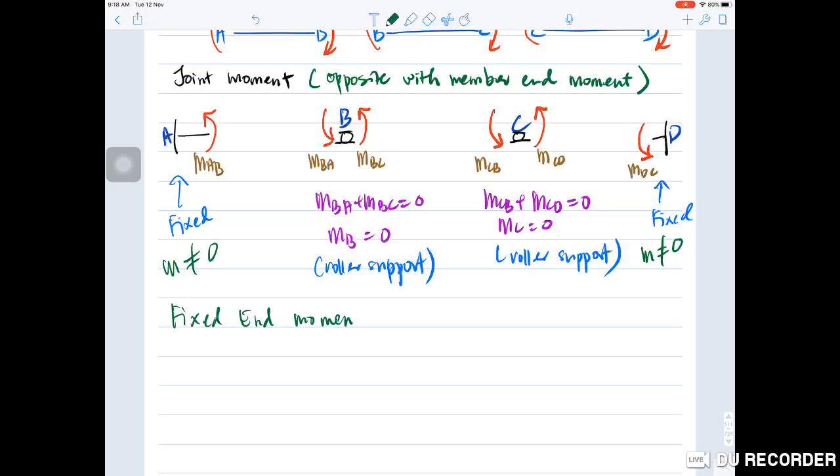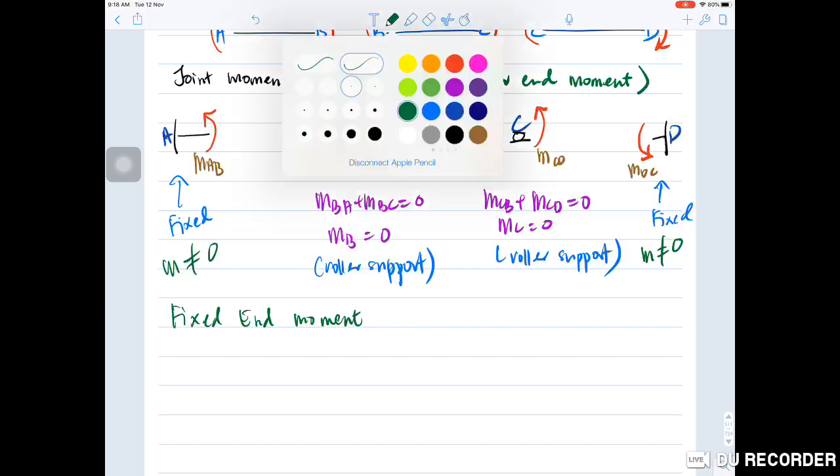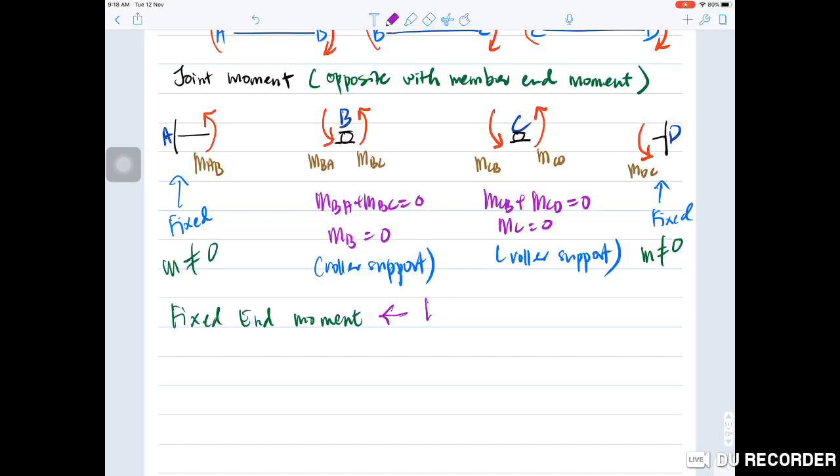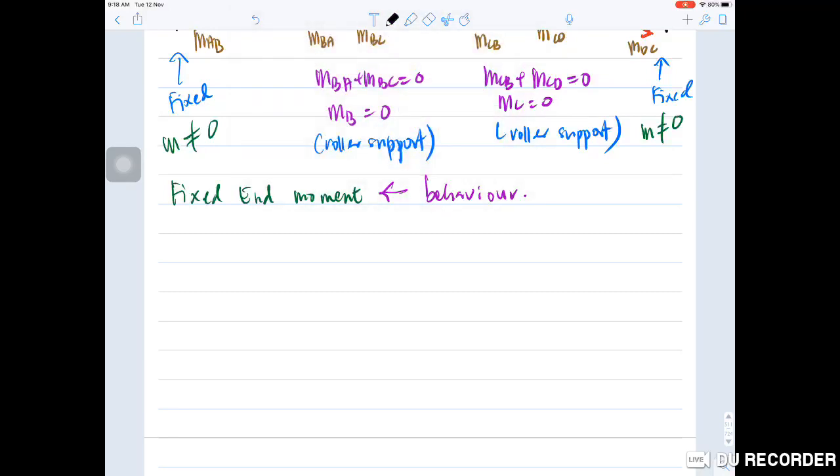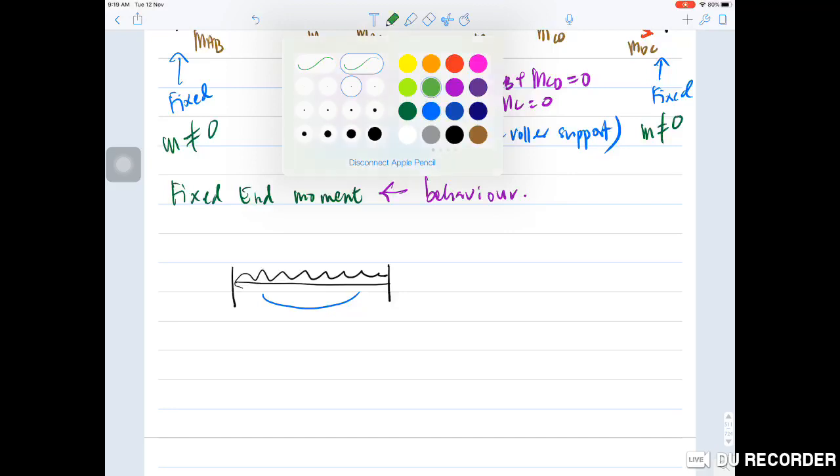For fixed end moment, I have explained to you earlier that it actually represents behavior. For example, fixed end moment means both ends are fixed. When subjected to loading, the beam will deflect. So the deflection of the beam is the behavior.